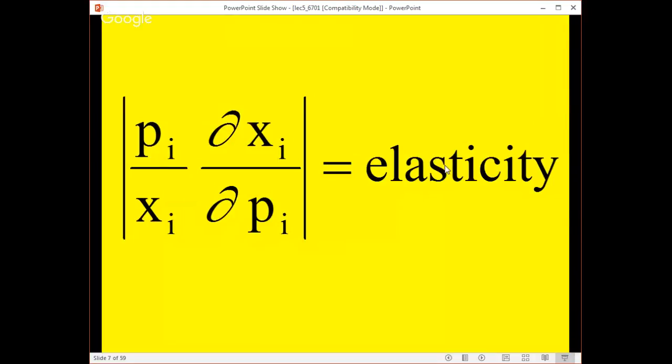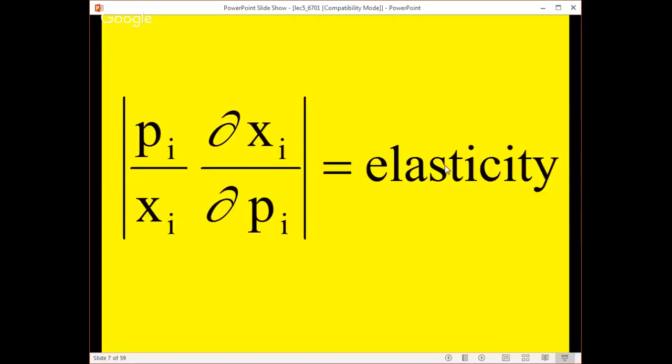Okay. So I have the change in Xi over Xi over the change in Pi over Pi. Basically, this is an I, by the way. I bring the I down, so I just rewrite that, and I bring the Pi up.